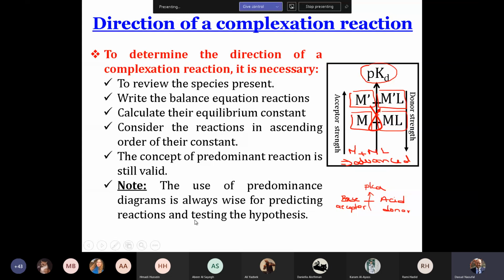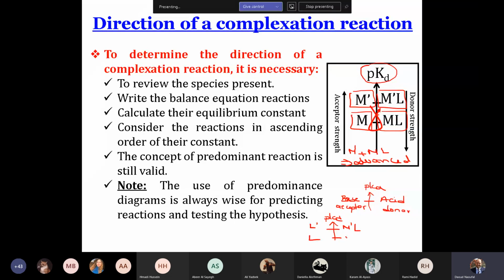So this is the same analogy as the acid-base, but instead of pKa, we put pKd. Instead of the base as the acceptor, we put M. In some exercises, the species are not M. We can do pKd with the other ligand acceptor, L prime, M prime L, the couple.